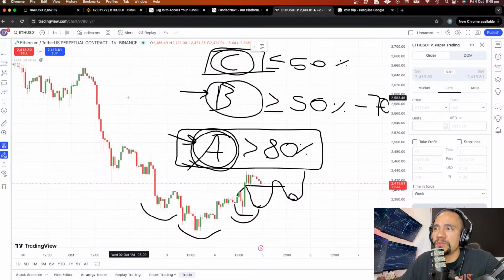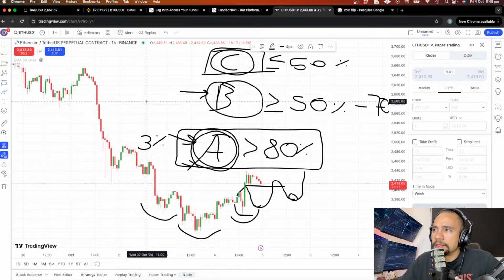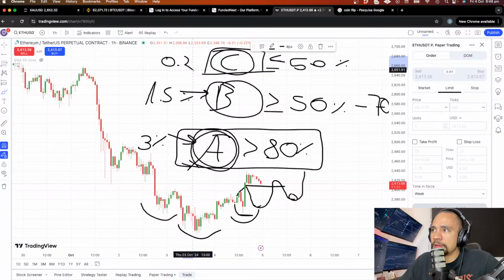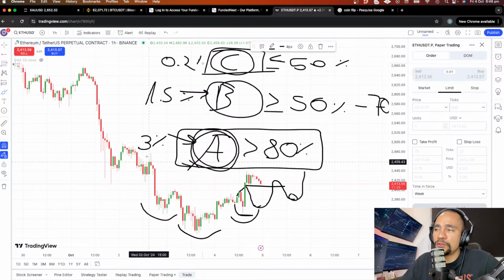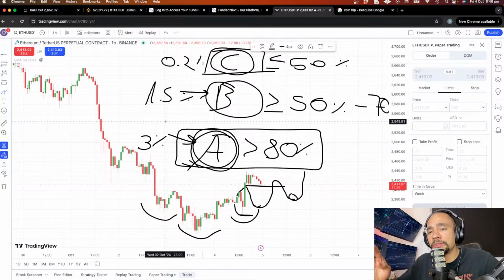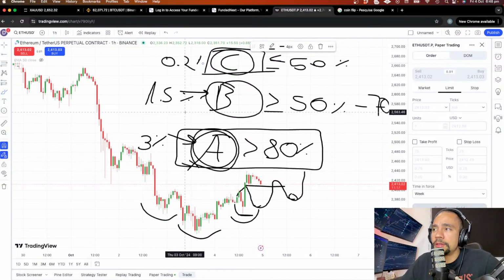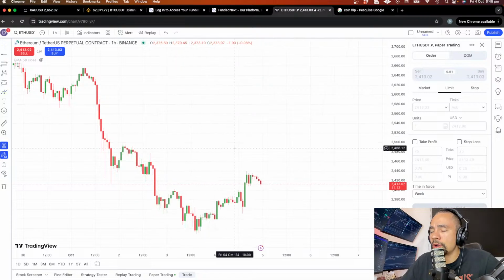So for example, before you were risking 1% per trade on every single trade, this one you can risk 3%, this one you can risk 1.5%, and this one you can risk 0.2%. If you do that, I guarantee you're gonna multiply your trading account very fast, and at the same time preserve your capital. Okay, let me get rid of those drawings.